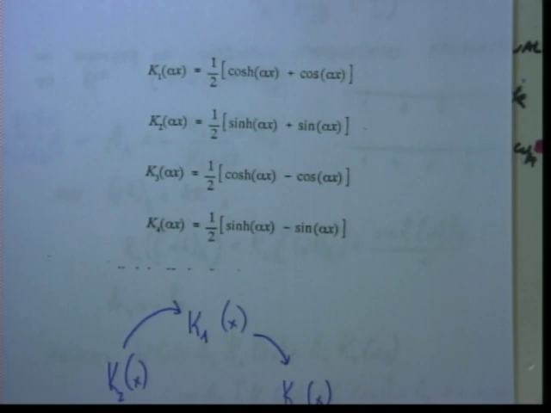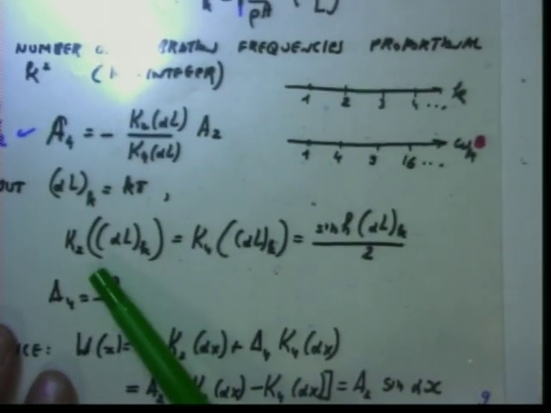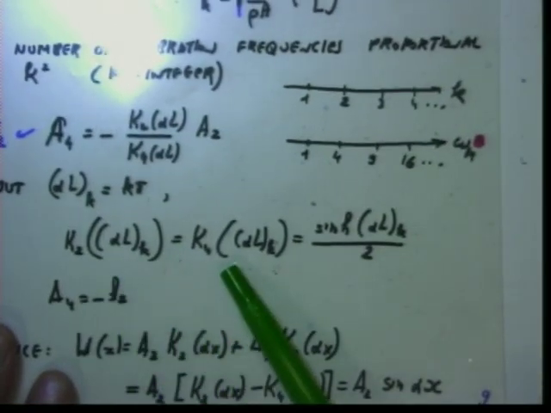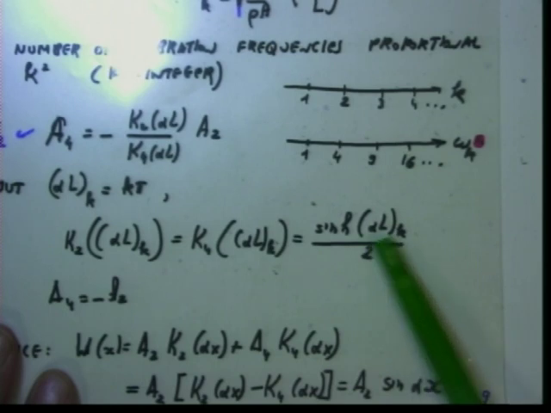Plus, minus. But when I substitute here instead of x, L, and alpha L equals k times pi, the sine function of k pi equals 0. So therefore, these two things are equal to each other. So therefore, K2 alpha L and K4 alpha L equal just hyperbolic sine divided by 2 for alpha L's value.